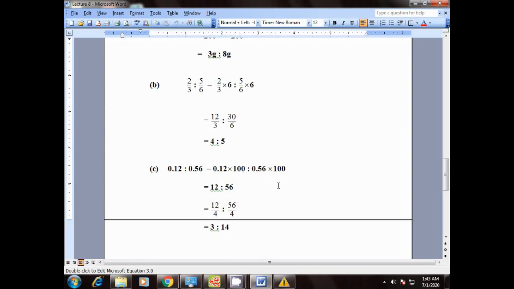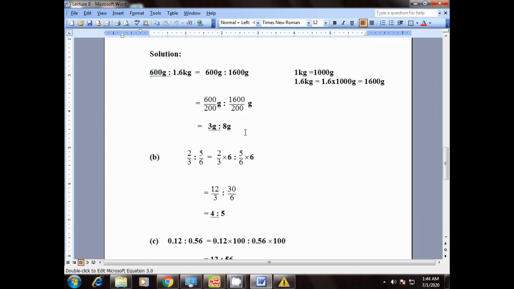Keep in mind, you can multiply or divide both quantities by the same number. You are not allowed to multiply both quantities by different numbers. Whatever you want, if you want to multiply or divide the quantities, you have to multiply or divide them by the same quantity. You see, in the first example, we divided both quantities by the same number 200.